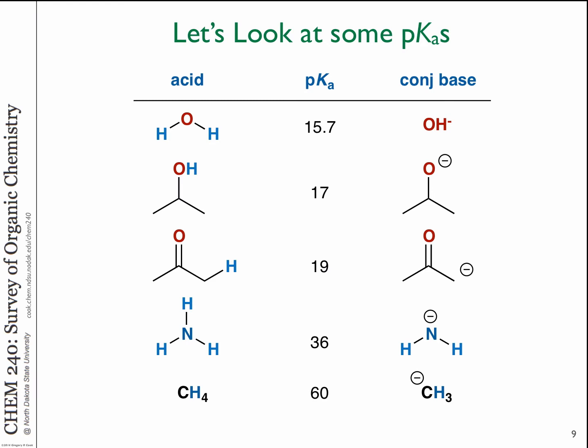If it's hard to give up the proton, it means it doesn't want to go there. So if you think about this in the opposite sense, ammonia is a weaker acid than water, but that means hydroxide would be more stable than this nitrogen anion.